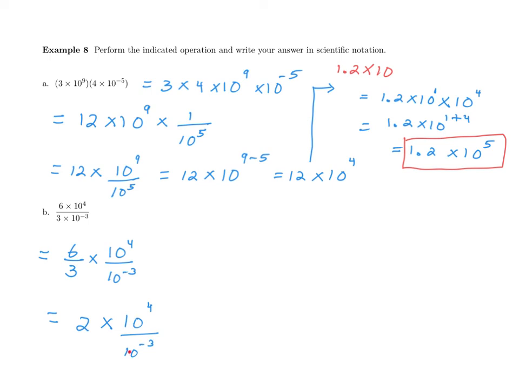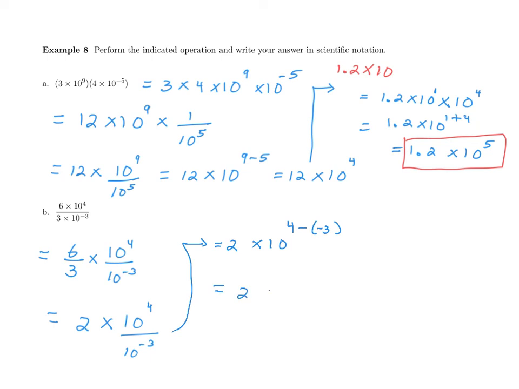Now what do we do with this? Well, here the bases are the same, and that means you can subtract the two exponents. You can still subtract a number even if that number is negative, and I think that's exactly what I'll do. I'll say that this is equal to 2 times 10 to the 4 minus, and we're subtracting negative 3, so I'll put minus 3 like this.